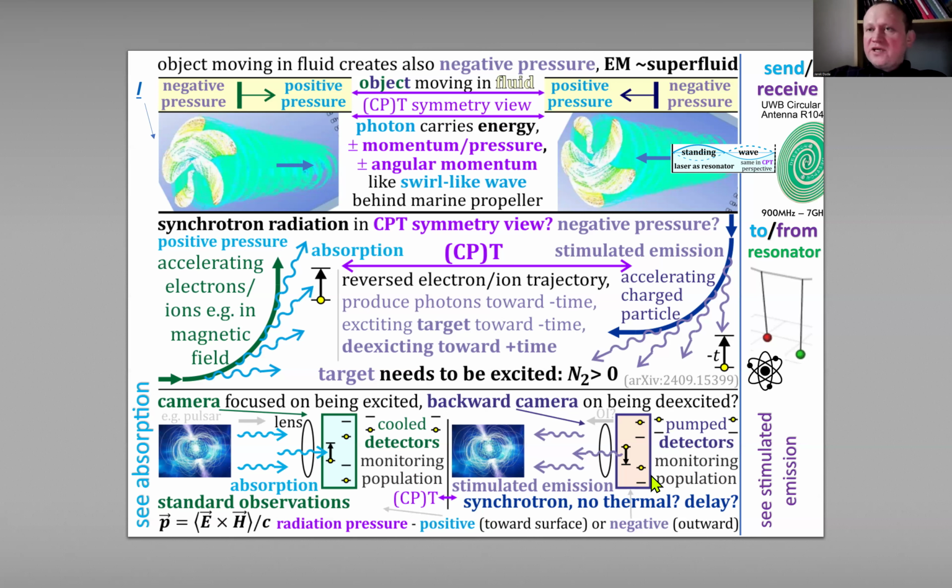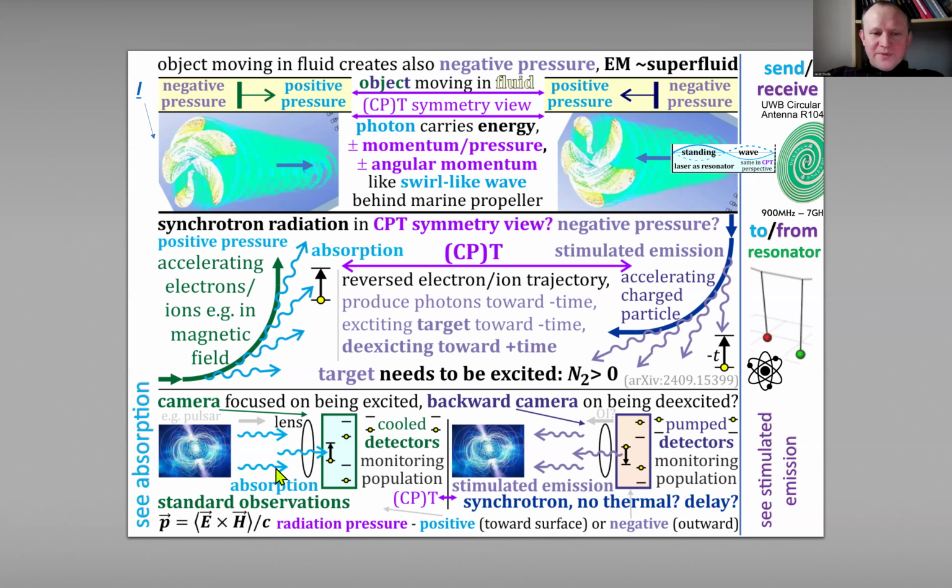I think it would be very interesting to see what such a backward camera, which is focused on this stimulated emission from the target, can observe. Probably synchrotron radiation, but probably the cosmos will hide many other very interesting objects it will be able to see.